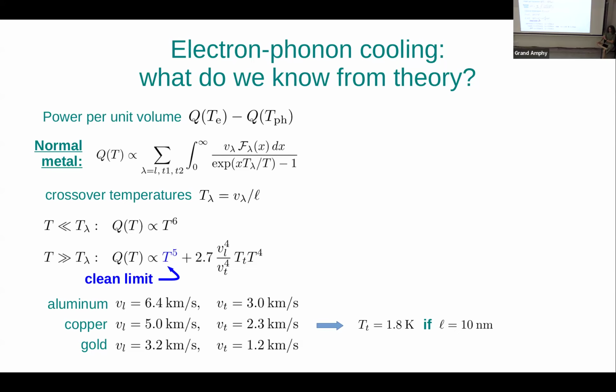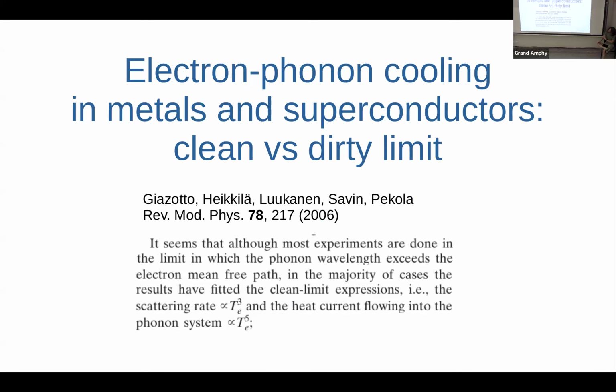And this is the essence of what was said here: even when you are supposed to be in the diffusive limit, for some reason, the experiments agree better with this T to the 5, which is the clean limit.